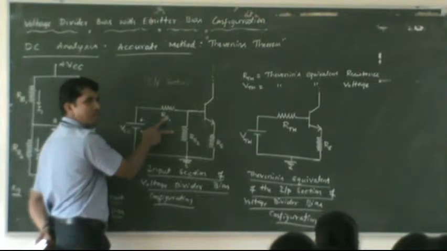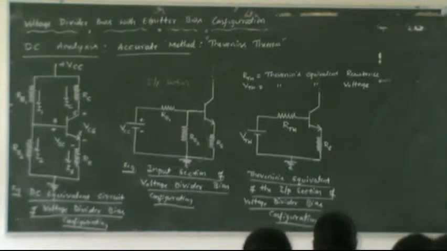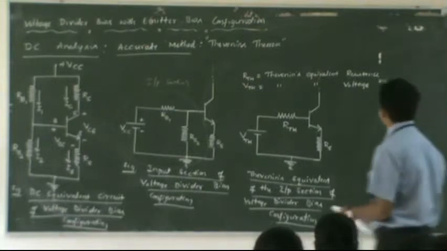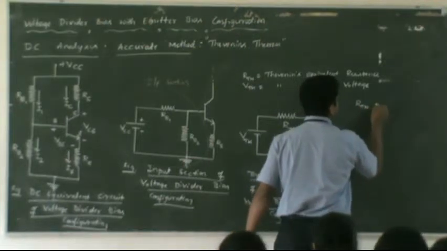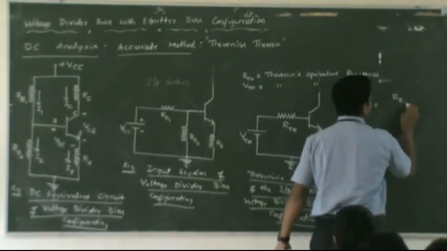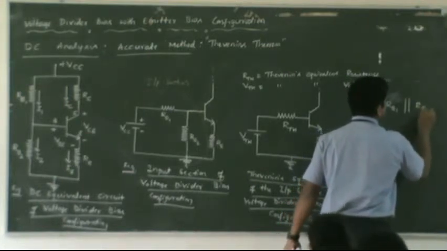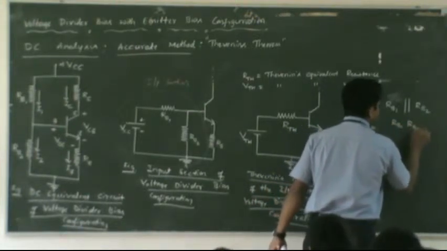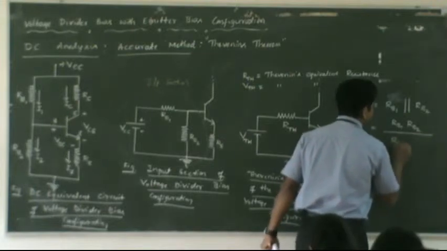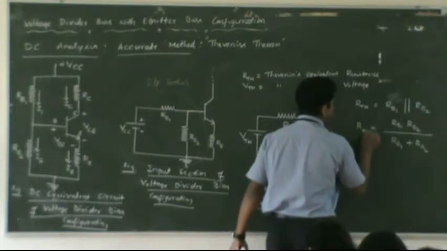These two are in parallel, and that becomes your R Thevenin. So R Thevenin is RP1 in parallel with RP2, or you can write it as the product of RP1 and RP2 divided by RP1 plus RP2. This is the value of R Thevenin.